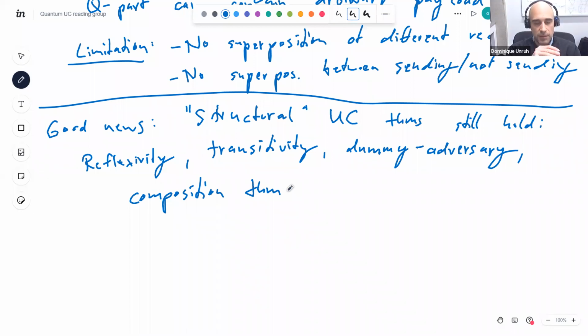I'm guessing there, Ran perhaps knows it better. I think the reason why the UC model was defined with auxiliary input as opposed to without is that the experience from standalone security has shown that without auxiliary input is not a good idea, because you can't show the composition theorem and so on.